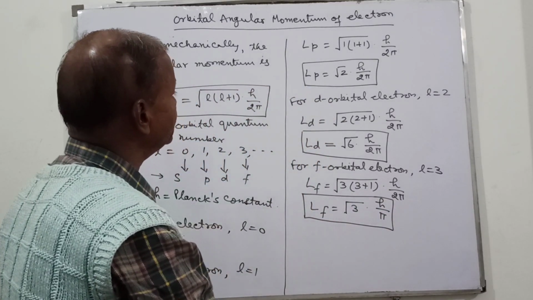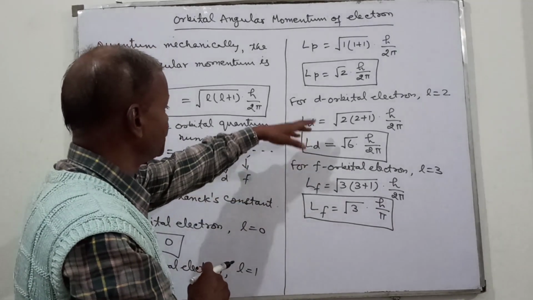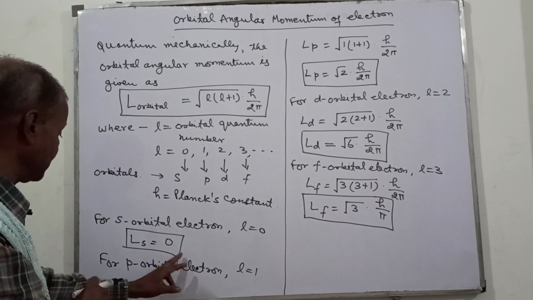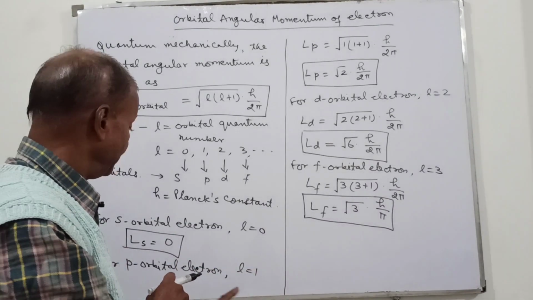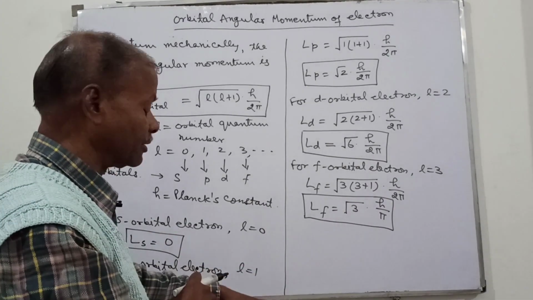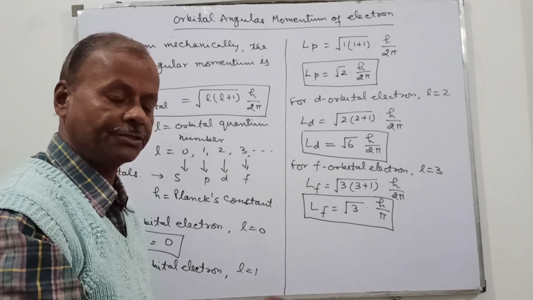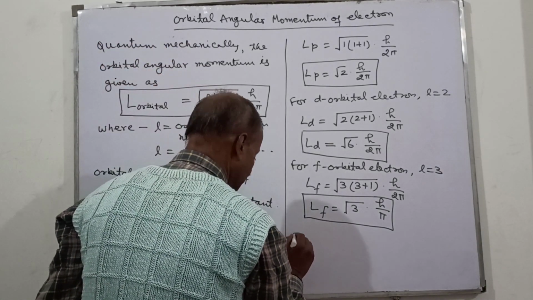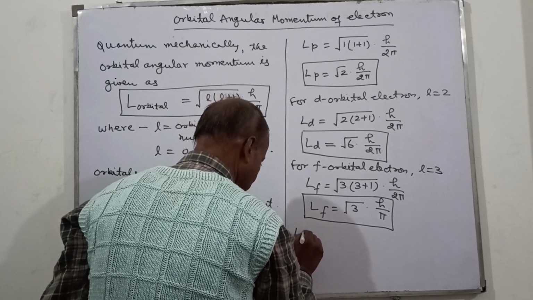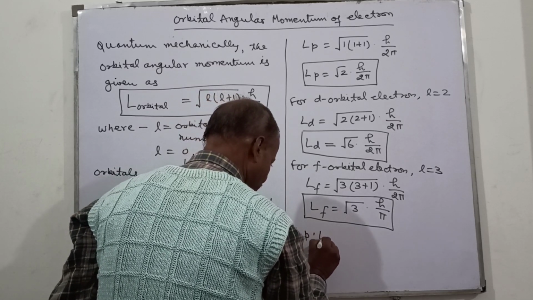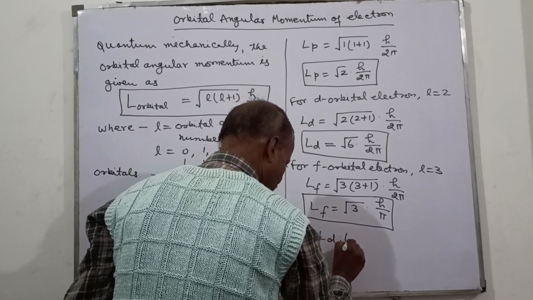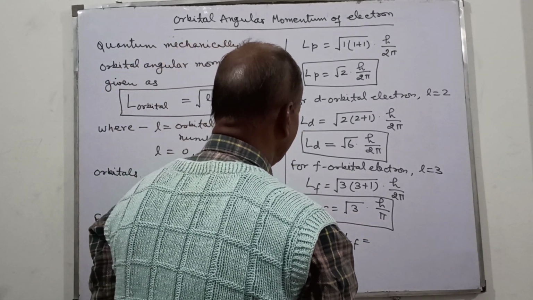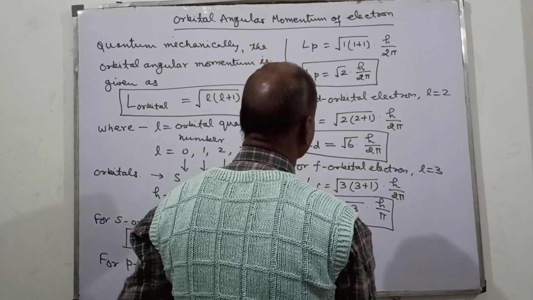So now if you take the ratio of this Lp, Ld and Lf, you can find it, but this Ls is equal to 0. It means that for s orbital electron, the angular momentum is 0. So if we find the ratio Lp : Ld : Lf, square root of 2 will cancel from all.